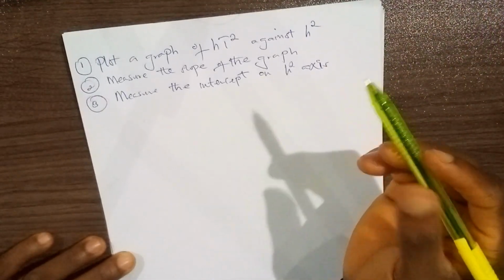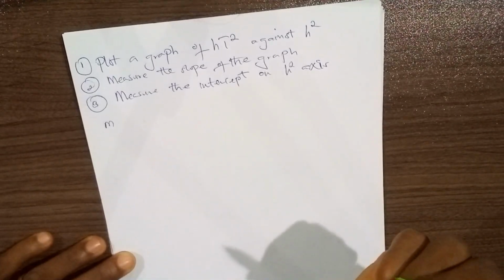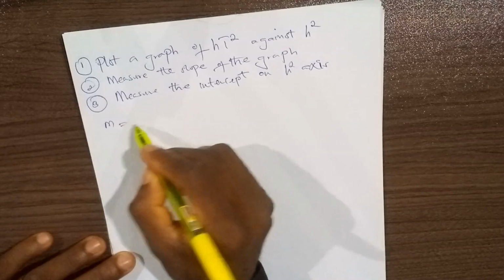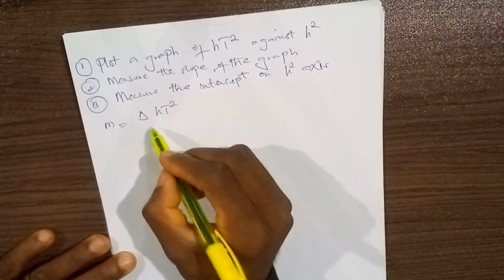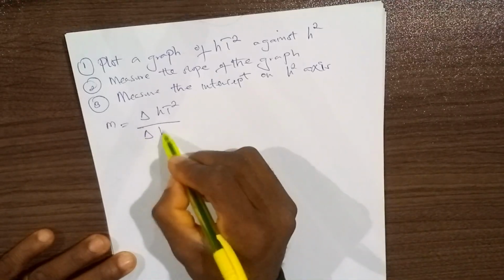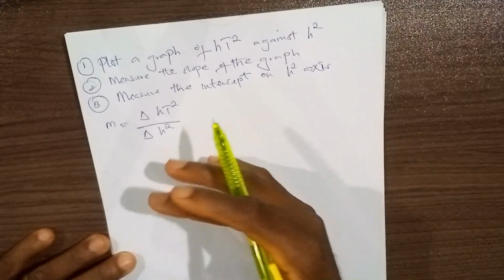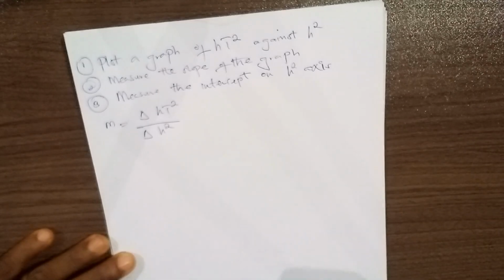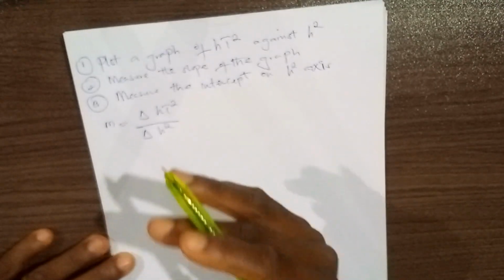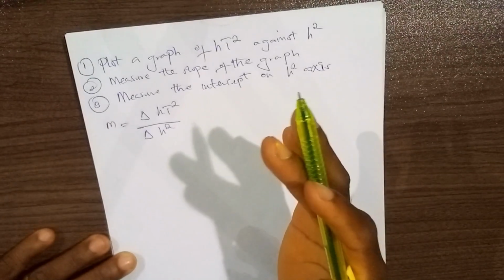Now, if you have plotted a graph of ht square against h squared and measured the slope to be equal to m, remember our slope is the change in the ht square axis all over the change in the h square axis. To get the acceleration due to gravity g and the radius of gyration k, we use the formula for the period of oscillation.